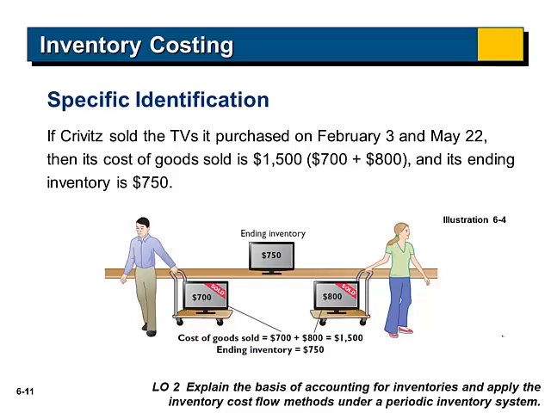And its ending inventory is $750, the one that was bought in March. So if companies use the specific identification method, they apply the specific costs of items to the cost of goods sold and the specific value of the one that was left behind that's still sitting on the shelf, and leave it in ending inventory on the balance sheet.